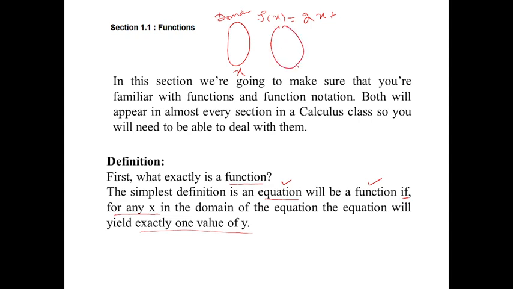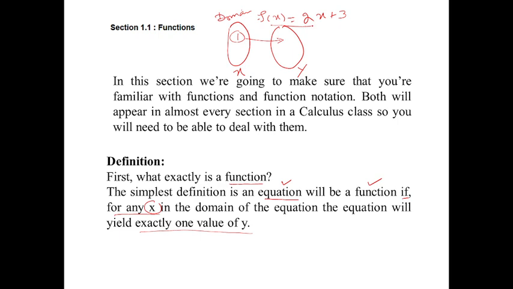The range values are denoted by y. So there is the definition: for any value from the domain, there will be a unique result in y.